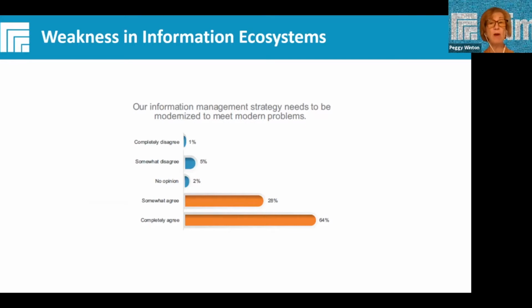And I think we can all say that a traditional monolithic ECM system with this obsession or belief that there could be a single content repository just won't cut it anymore. And 92% of you agree and say that your organizations really must modernize their approaches in order to meet these new challenges.